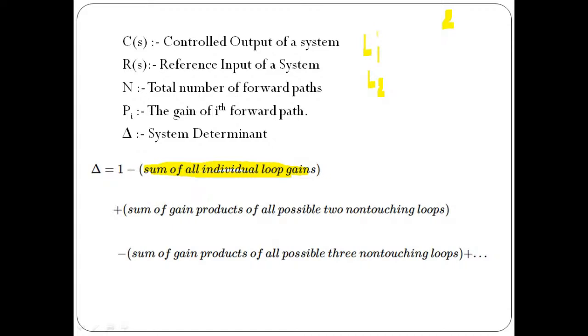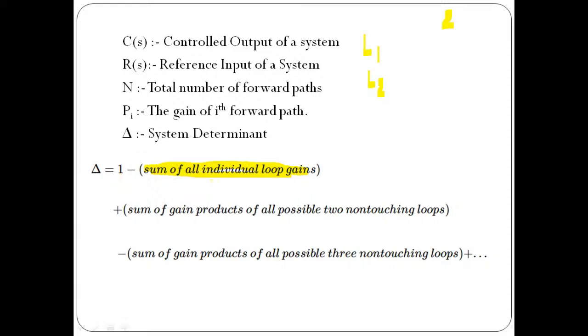So we need to calculate the value of loop gain L1 and L2. It is not at all necessary that in the signal flow graph there will always be two or three loops. That depends upon the structure. But it is very clear that in order to calculate the value of delta, we must know how many loops are there, and we also know the gain of each loop.